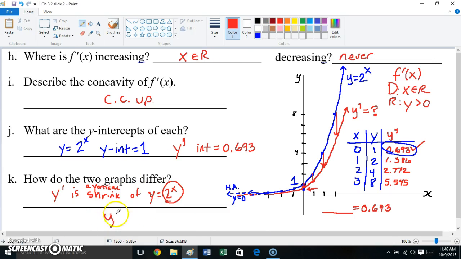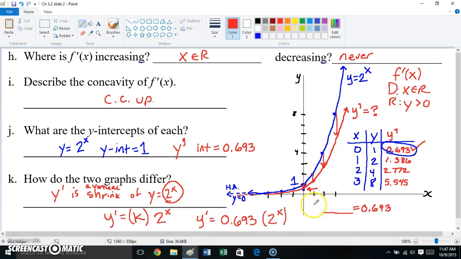So it looks like y prime might be some scale factor, some value that shrinks the 2 to the x graph. Again, if we go from 1 to 0.693, then I'm going to estimate that my derivative graph is actually 0.693 times 2 to the x.